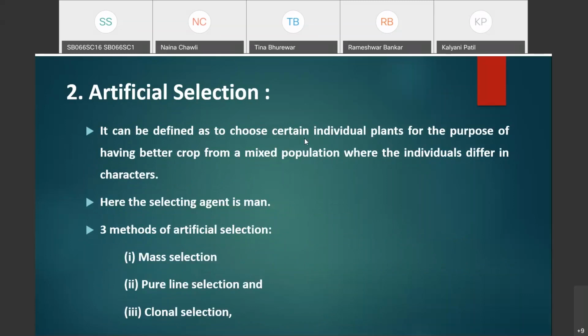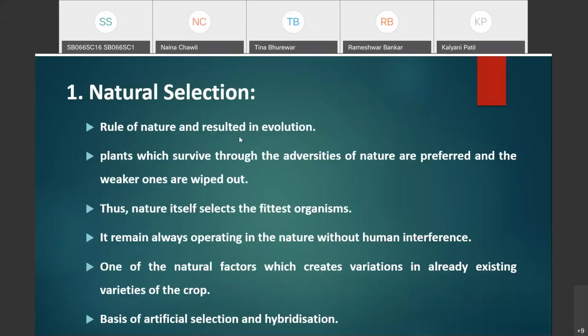Here you can see that the plants which get adapted to the changing environmental conditions are preferred, and the weaker plants, which cannot get adapted to the changing environmental conditions, are wiped out. And thus nature itself selects the fittest organisms. Nature is the principal force responsible for the selection.